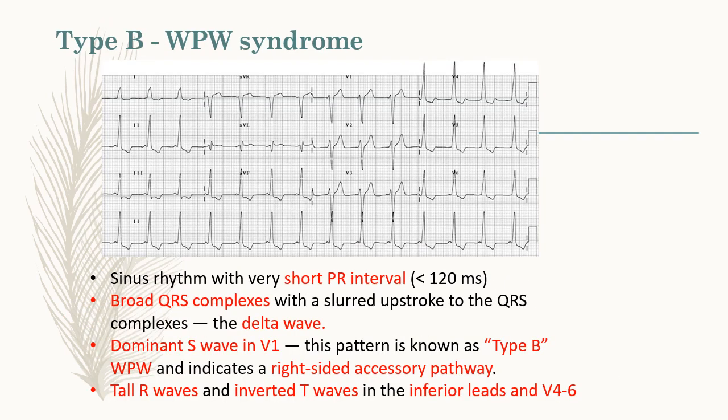Now you can see here the ECG strips of type B WPW syndrome. Here is the sinus rhythm with a very short PR interval, less than 120 milliseconds. Broad QRS complexes with a slurred upstroke to the QRS complexes, the delta wave.